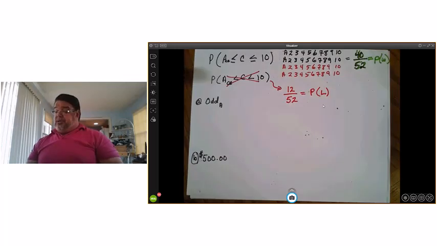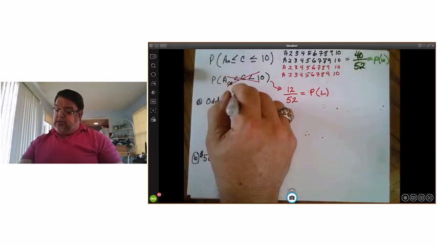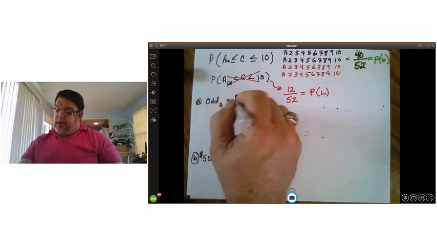So let's do the odds. Odds is equal to the probability of losing over the probability of winning.